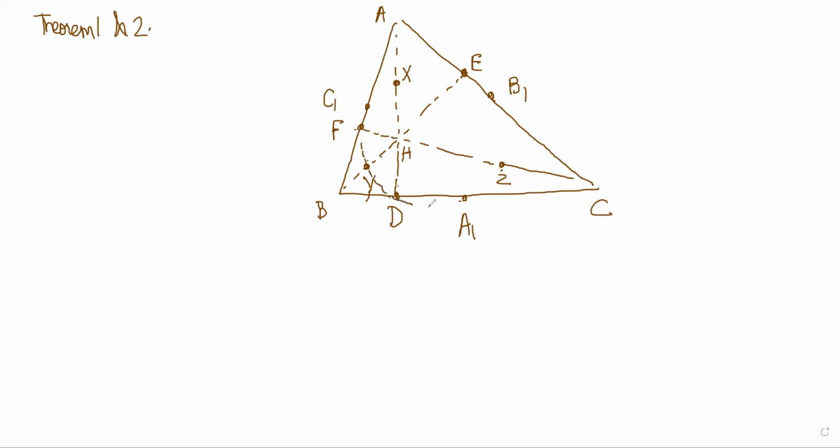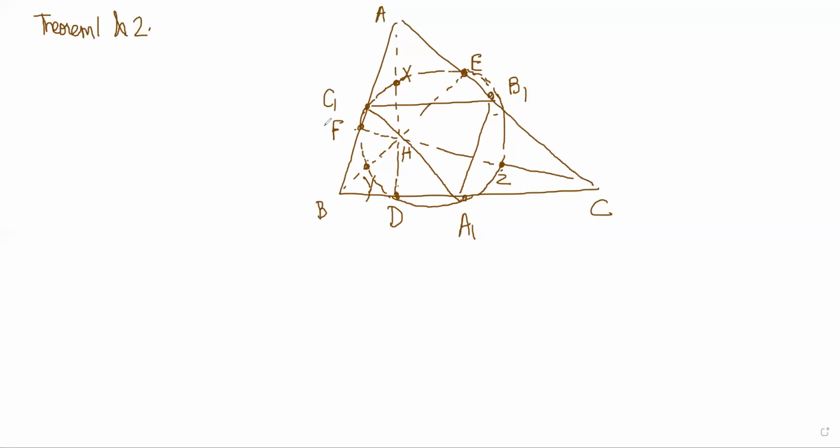This circle is actually the circumcircle of A1, B1, C1. The circle is the circumcircle of triangle A1, B1, C1. So if you join this triangle like this, this is the circumcircle.